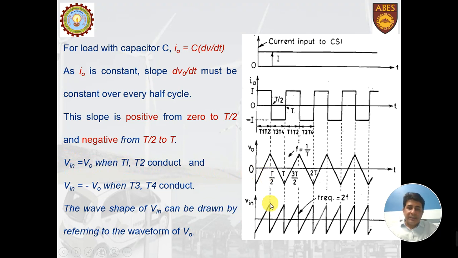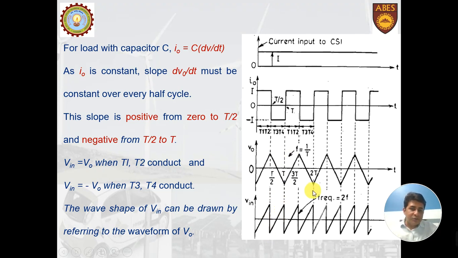But during T3 and T4, the input voltage V in will be minus V naught. So if this is the slope for V naught, then V in will be opposite to it. That means V in will have this waveform.